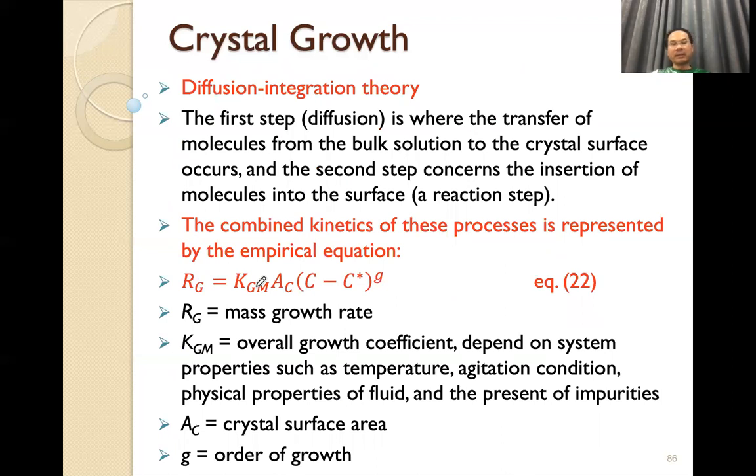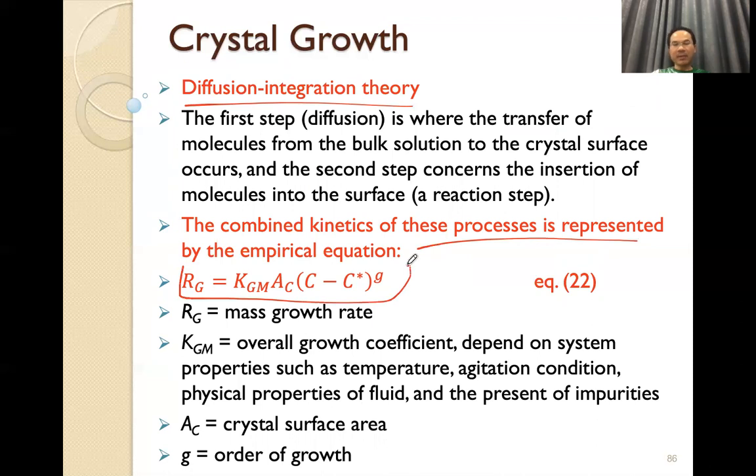The theory that describes the growth is mass transfer, the diffusion-integration theory. In this case, we have two steps, the diffusion step and the integration step. The first step, diffusion, is the transfer of solute molecules from the bulk solution to the crystal surface. The second step is the insertion of the molecule into the surface. The combined kinetics of this process we can represent by Rg.